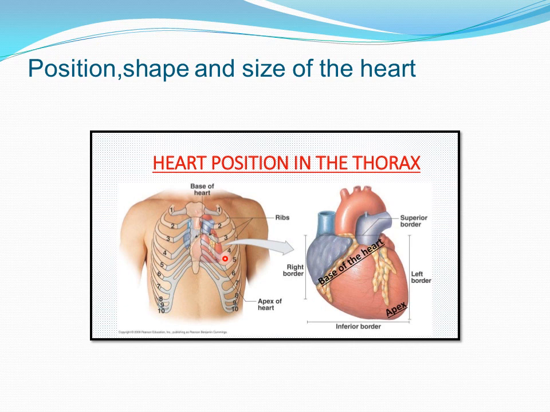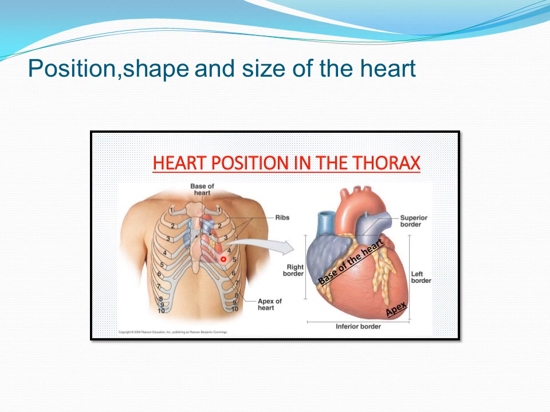Now we can see that it is about the size of one's fist. If you are closing your hand and making a fist, your heart will be the size of your fist. If you look at a kid and tell him or her to make a fist, their heart will be almost the same size of the fist.